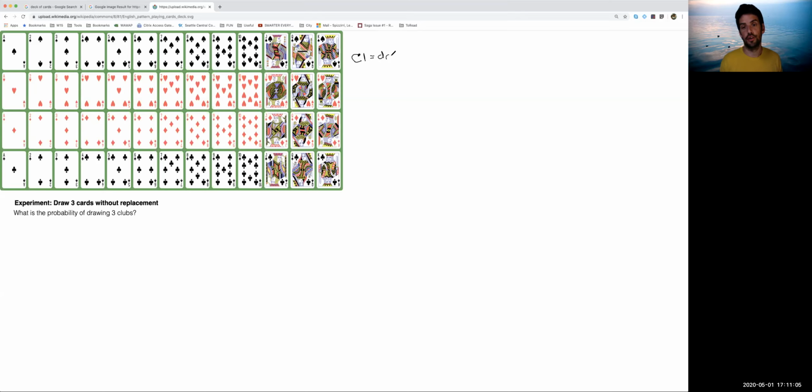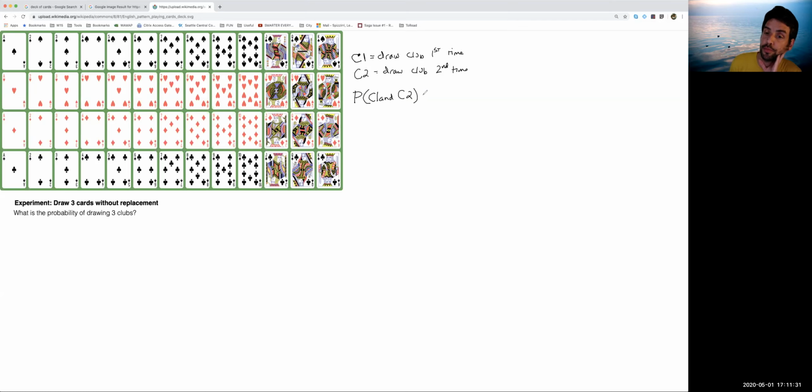So I'm going to name some events. C1 will be draw a club the first time. C2 will be draw a club the second time. Now the question of drawing two clubs means I have to do C1 and C2.